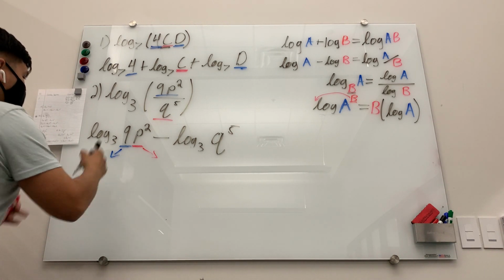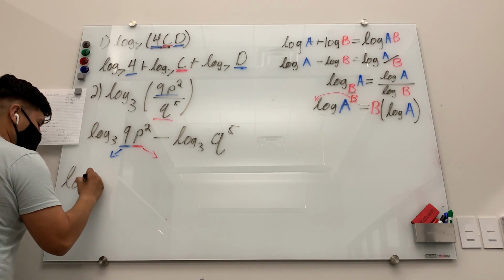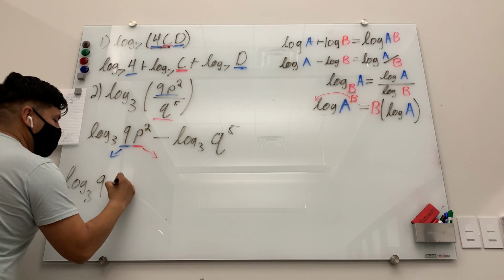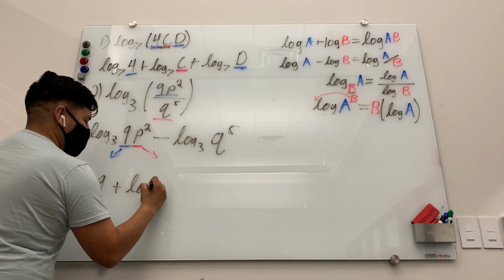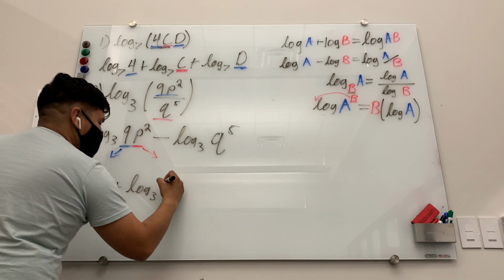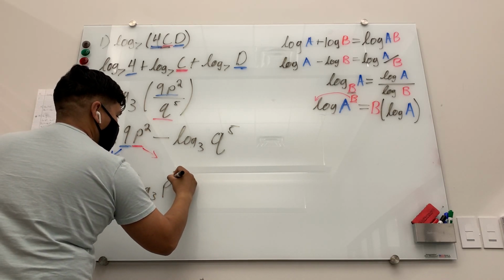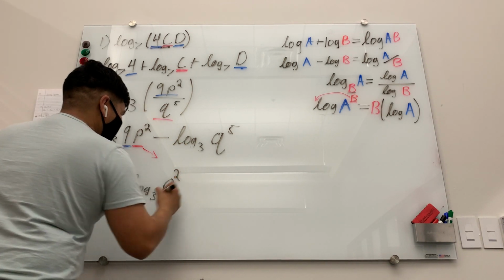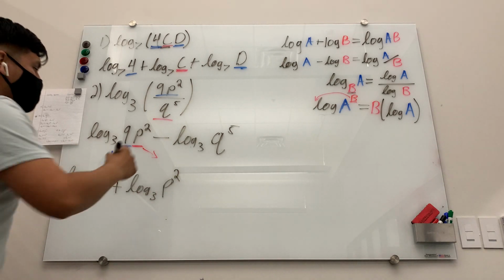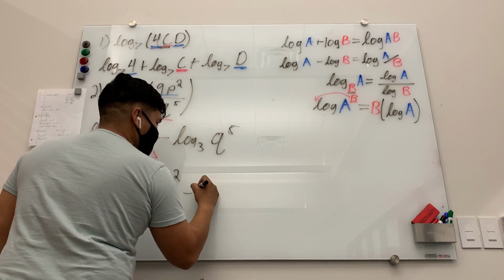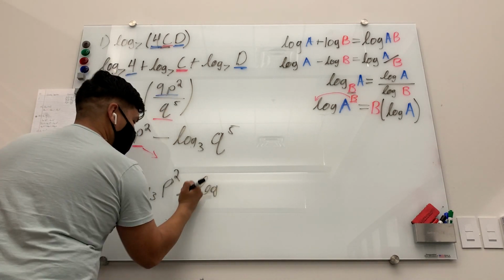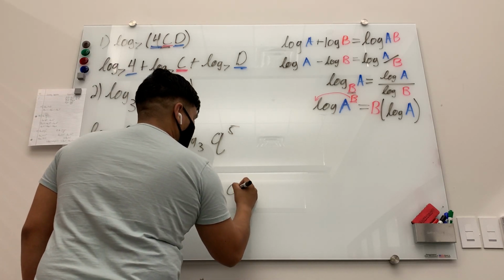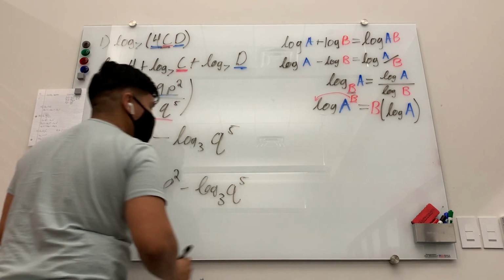And now we have log base 3 of 9 separated out, plus log base 3 of p squared minus log base 3 of q to the 5th.